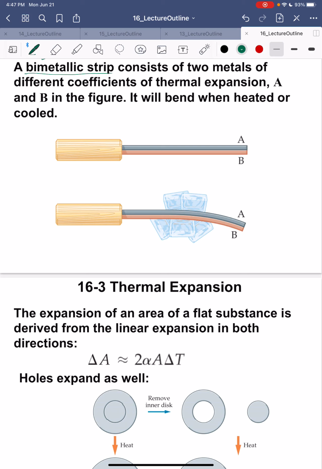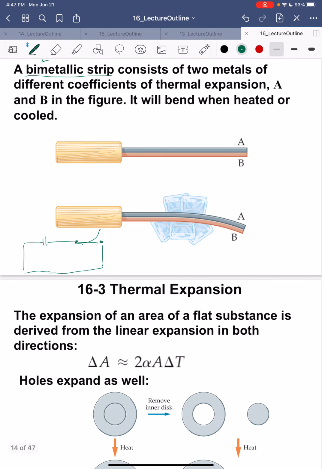Now, this piece, the bimetallic strip, is widely used in electric circuits where we are going to insert it. Let's say it is in your ironing machine, and then you are going to have that warming, then it will bend and it will open the circuit, which means the current will not go through, and then your ironing machine will stop.